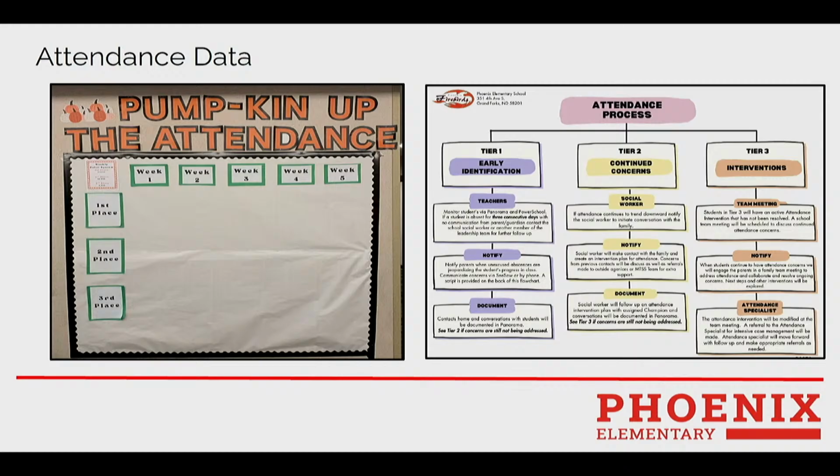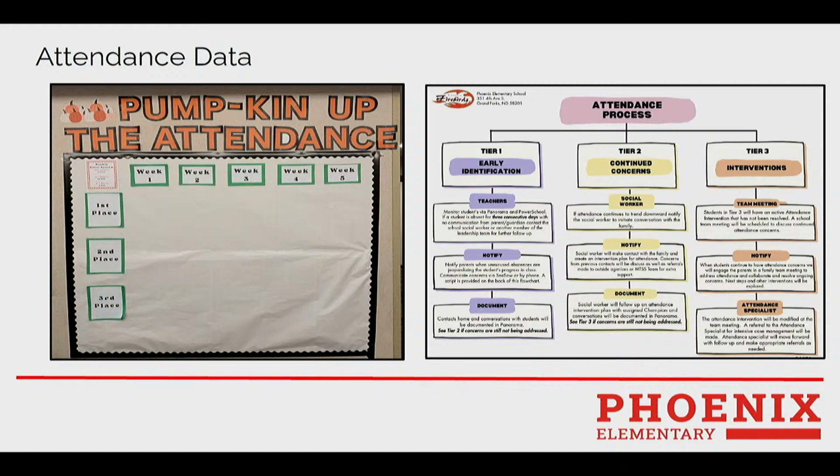And then this last graphic is our attendance process. When we developed this, we really looked at our district attendance policy that came into play this last year. We broke it down for teachers so they understood that they're the first point of contact for attendance concerns.